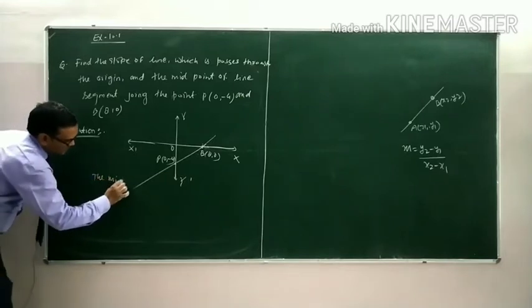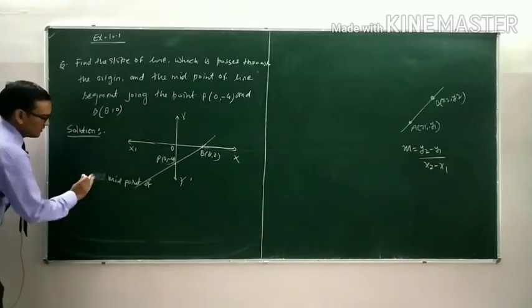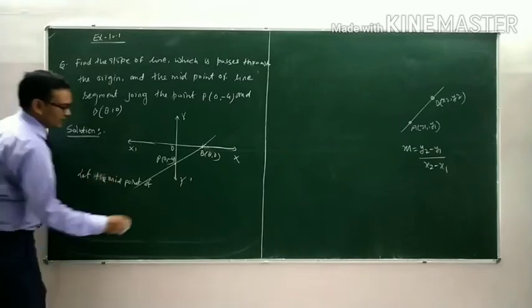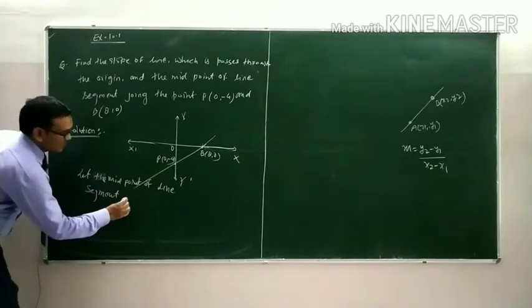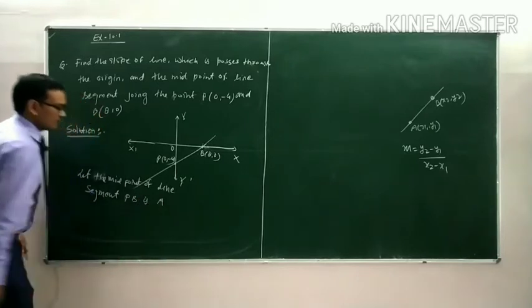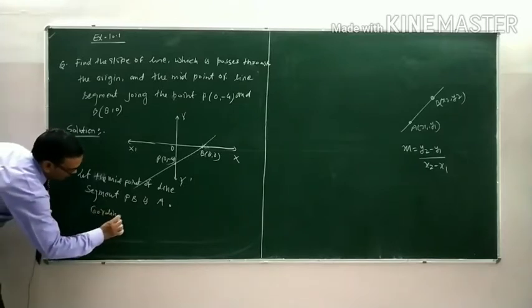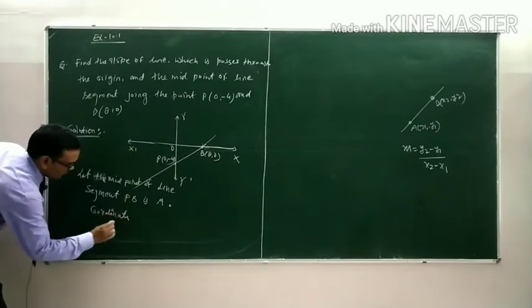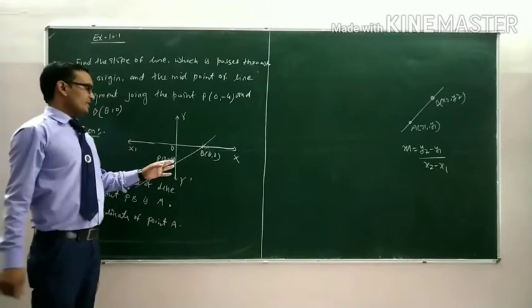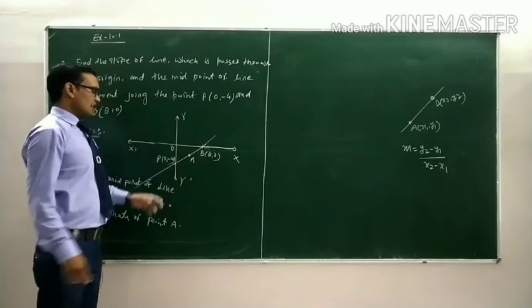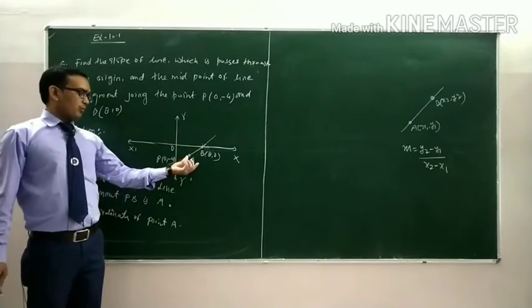Let the midpoint of line segment PB be A. Then we find the coordinates of the point A.